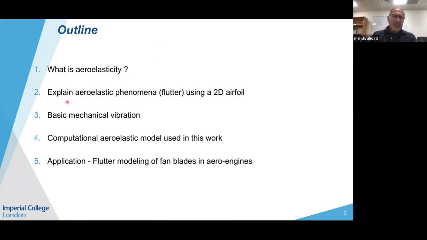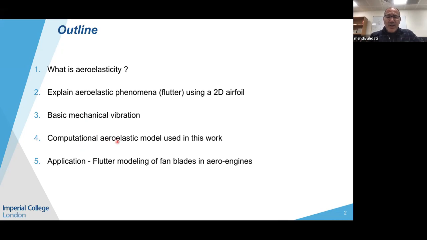Because this is a fluid mechanics lab, and aeroelasticity involves fluid-solid interaction, I give some basic mechanical vibration concepts, which is important to know before you move to aeroelasticity. So you can see how air and structure interact to give you different aeroelastic phenomena.